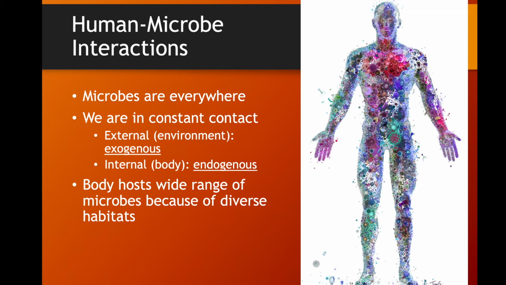This last part: the body hosts a wide range of microbes because of diverse habitats. So what does this actually mean, diverse habitats? How does the human body have diverse habitats? Well, if you think of an ecosystem, what defines the habitats within any ecosystem?